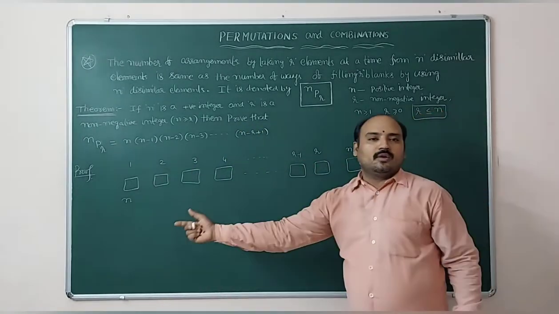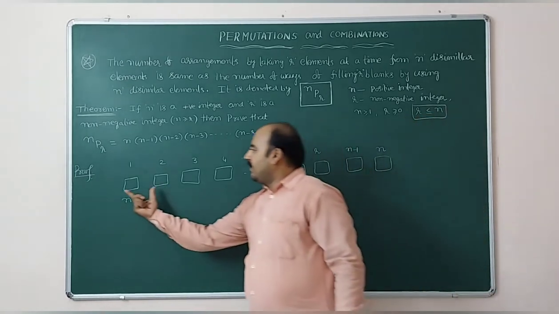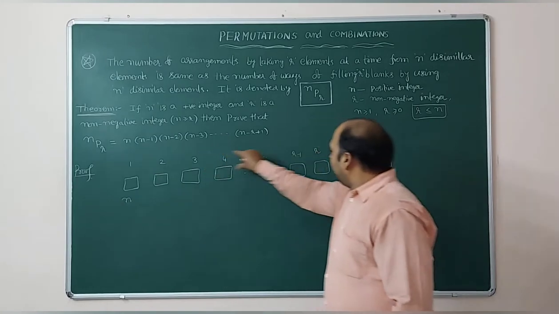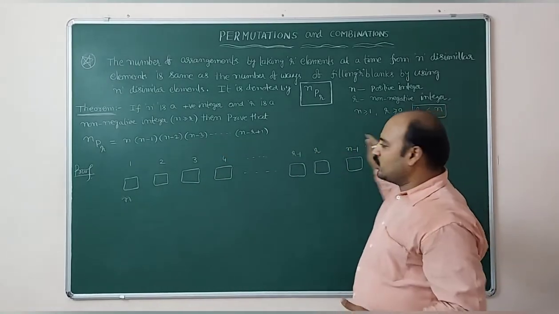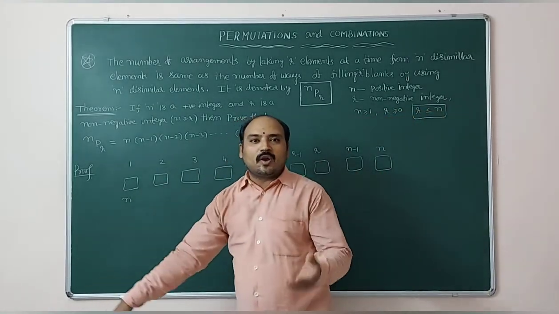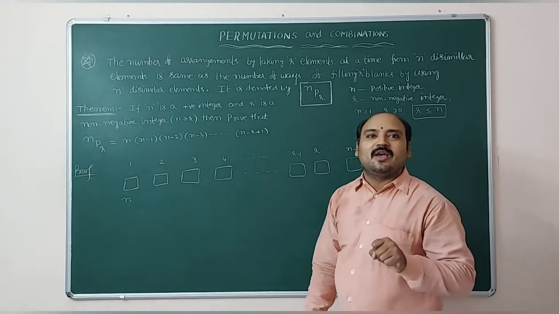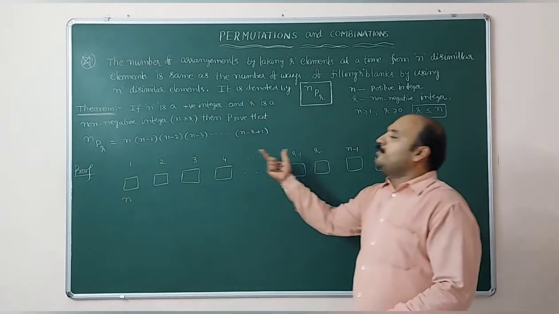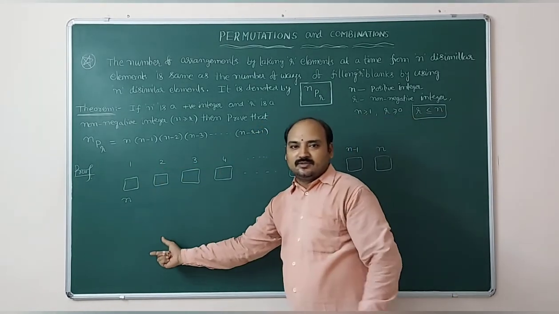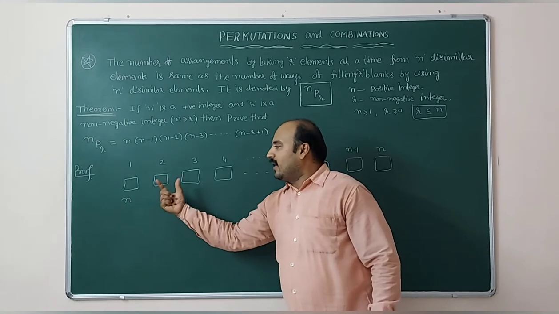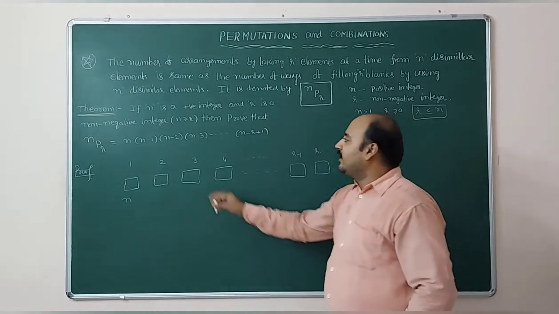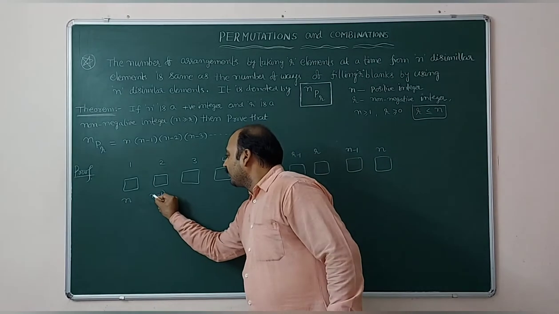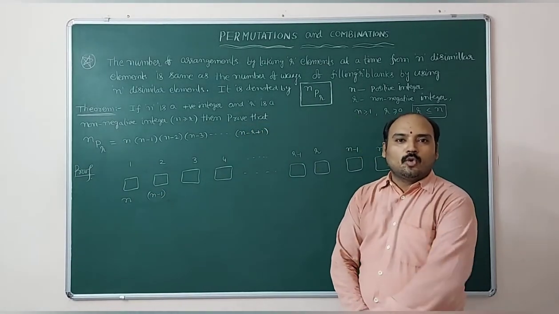The first blank can be filled in n ways. Since one blank was filled, what is left? n minus 1 things will be available. So the second box or blank can be filled in n minus 1 ways. I hope you understand that.